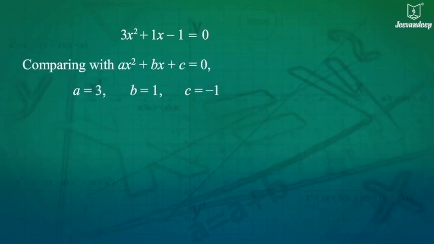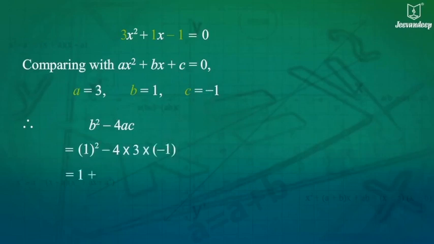Comparing with ax² + bx + c = 0, we find a = 3, b = 1 and c = -1. Therefore, b² - 4ac = 1² - 4 × 3 × (-1) = 13.